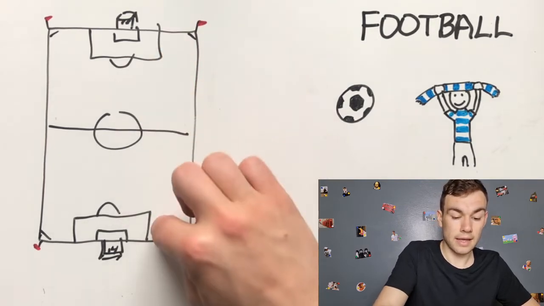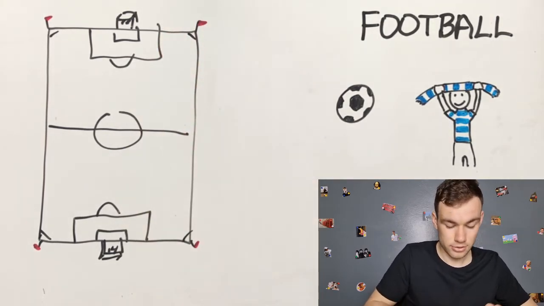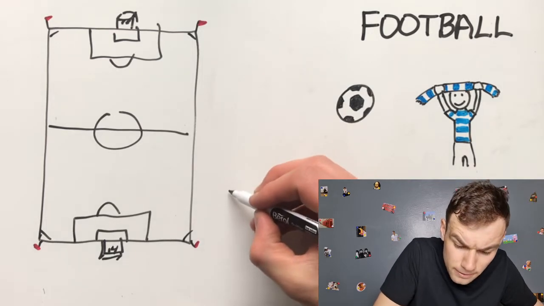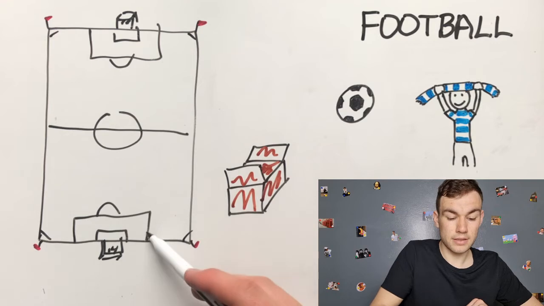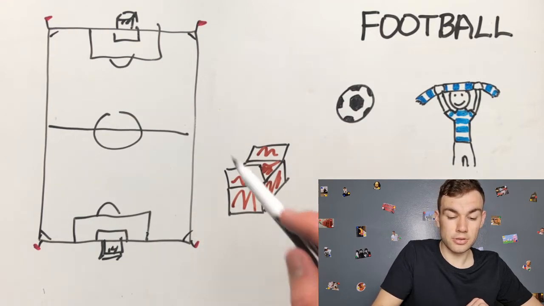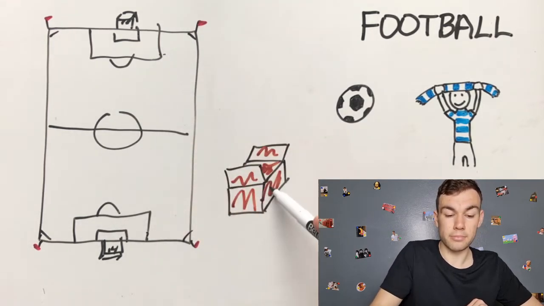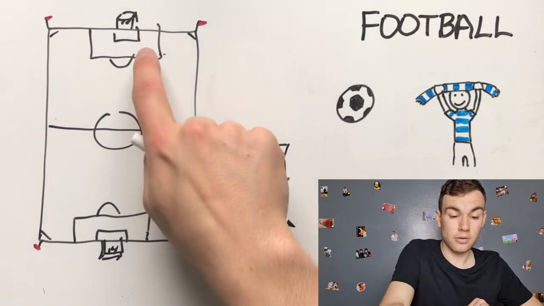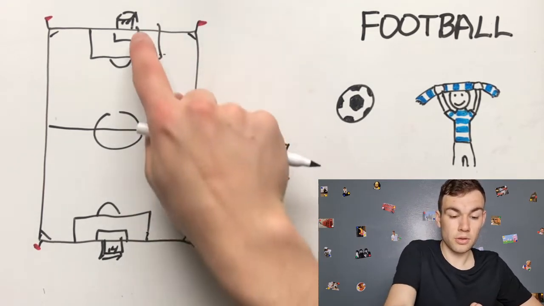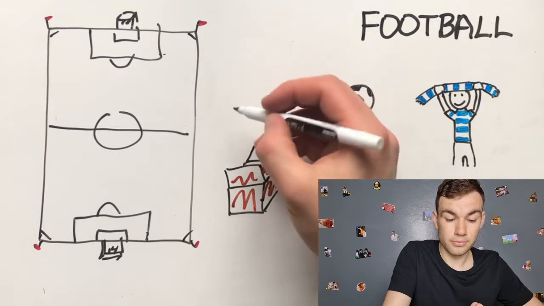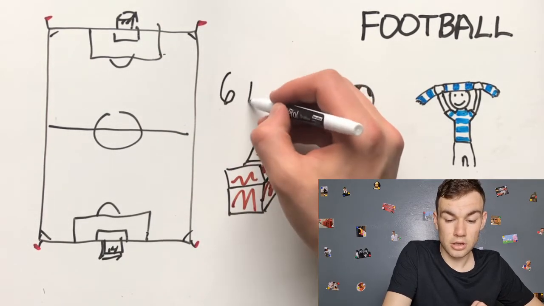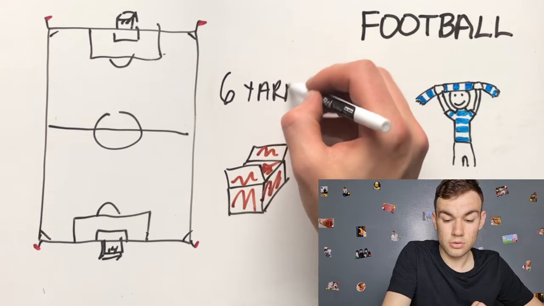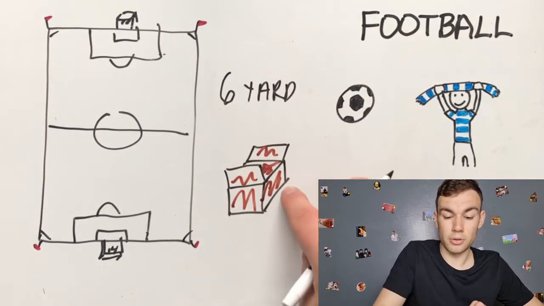This is the box. This is a box, and this is a box. And look, there are 2. The smaller box is called the 6-yard box.